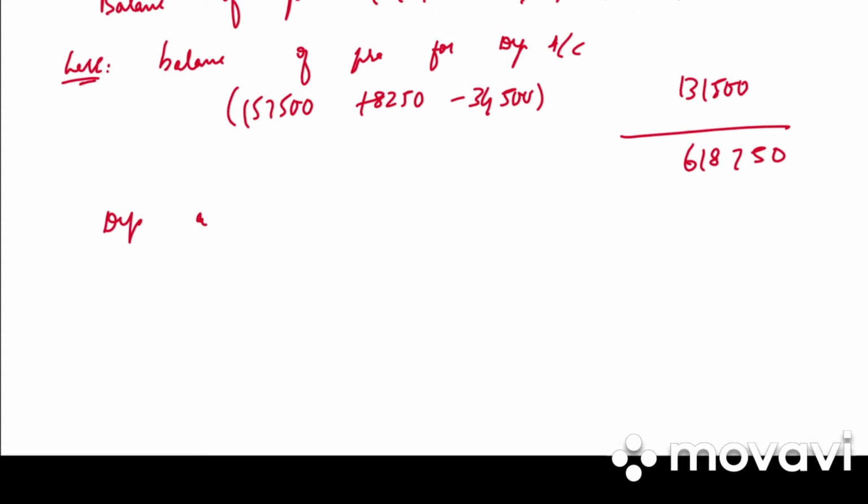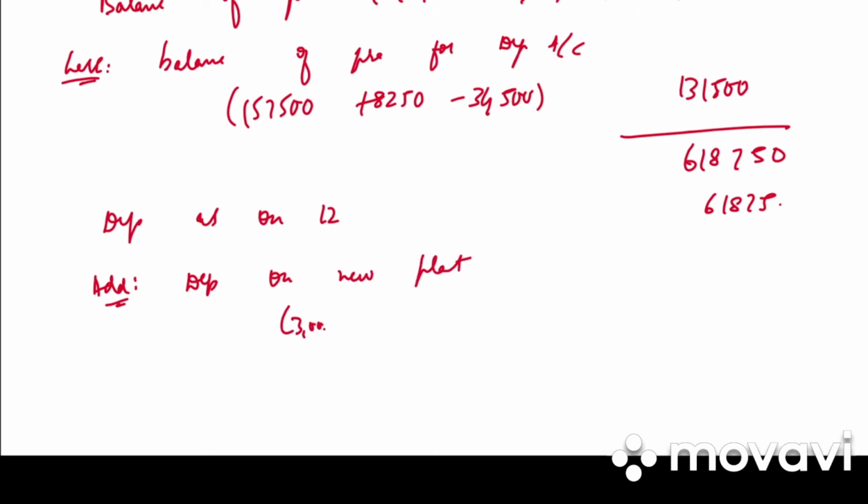Then we get depreciation as on 2012 for it is 61,875, and there is one more depreciation for new machinery on new plant 3 lakh.